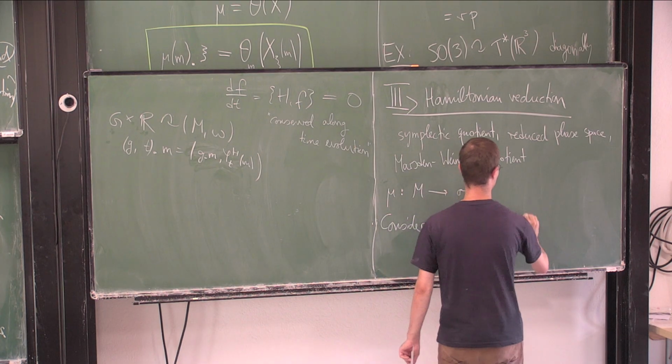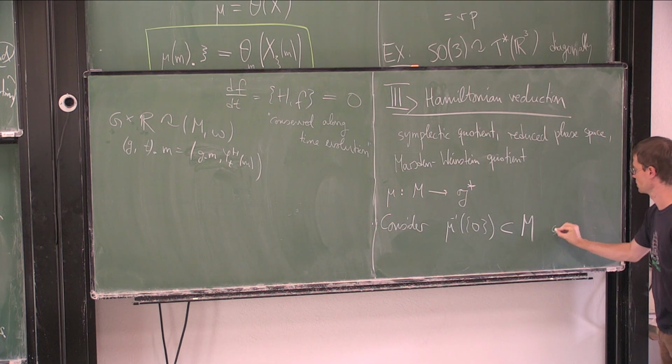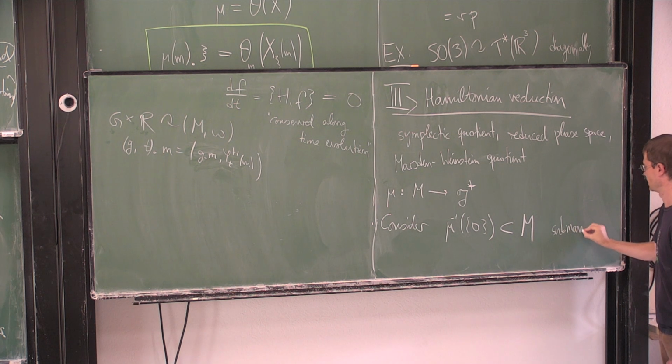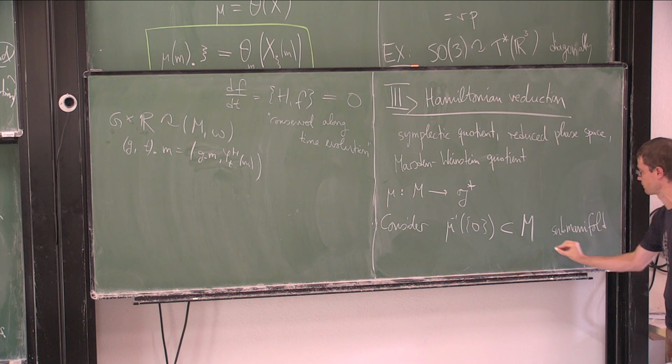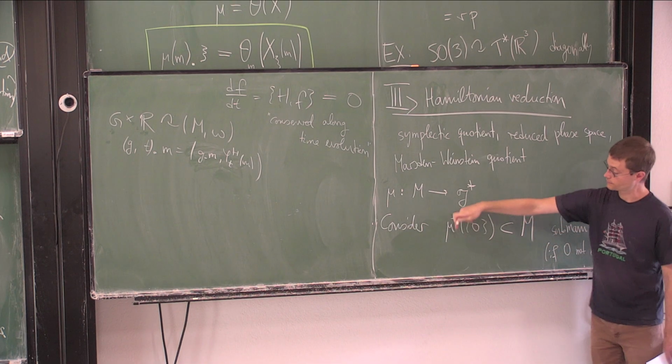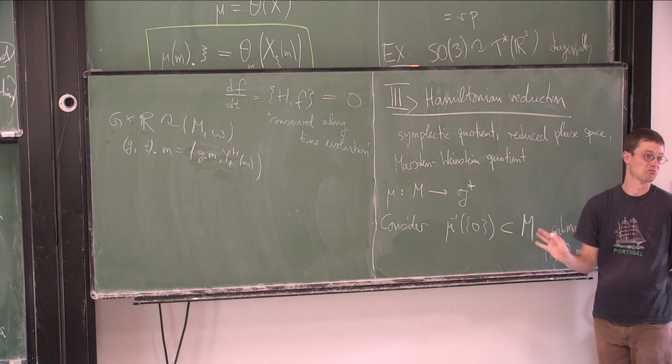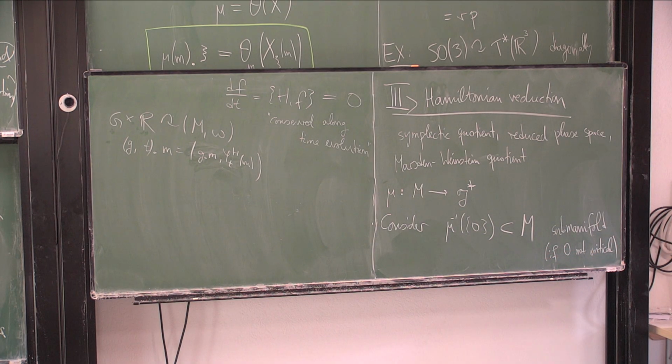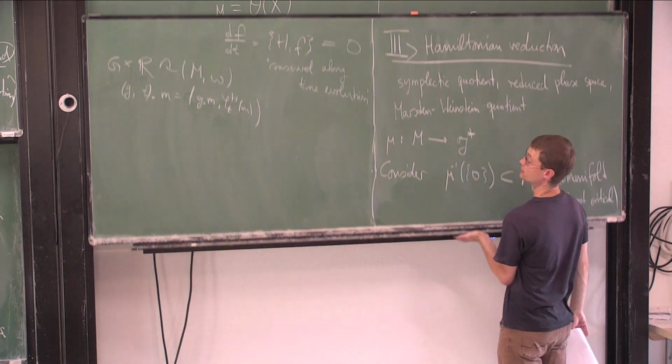That's a submanifold of M, well, it's a submanifold if 0 is not critical. Actually, we don't really need this. Again, these are the points in phase space where all these quantities vanish. The exact value is not very important, right? So let's say that all of them are 0.